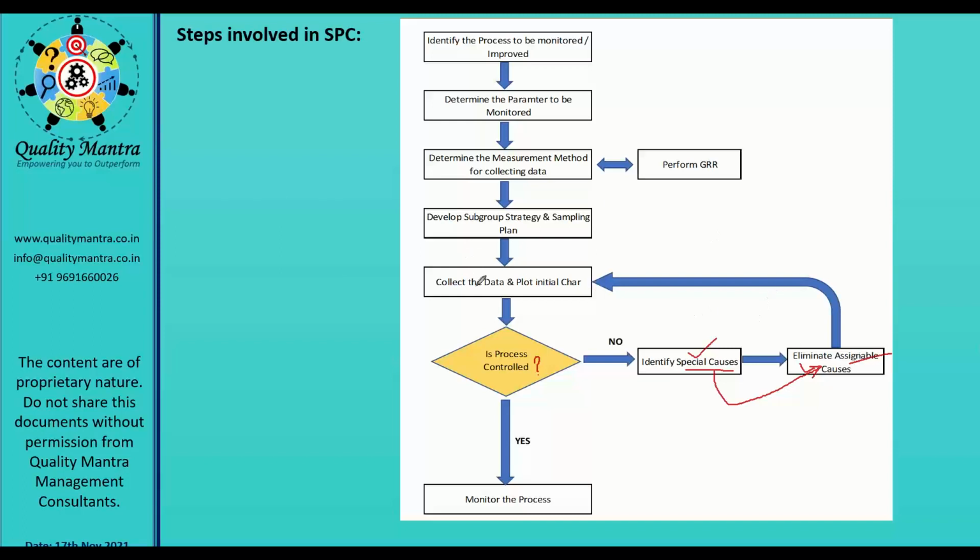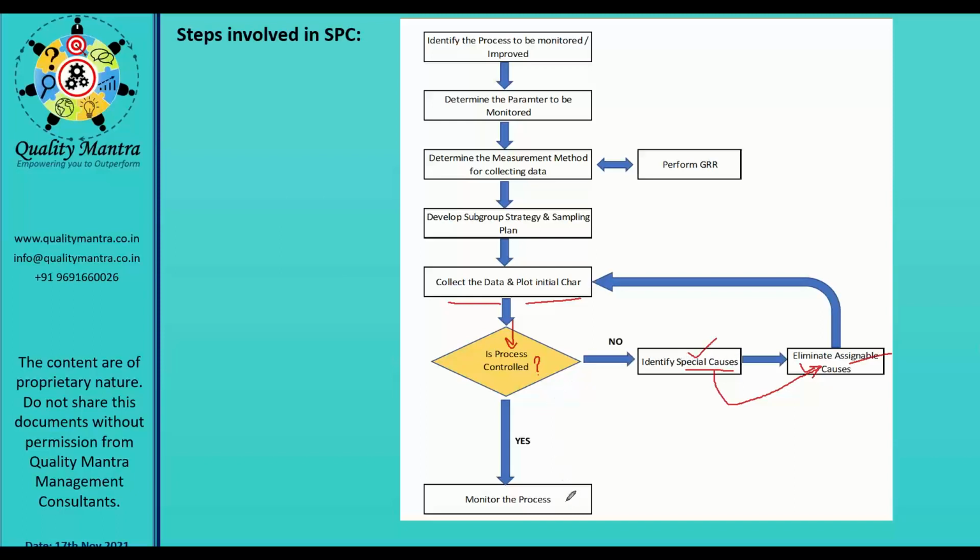Now again collect the data. When you identify the special cause and remove it, you need to again collect the data. It is not about removing the data from the control chart, it is about removing that particular special cause. Again collect the data, again plot the initial chart, again ask the question, is the process controlled? If no, repeat.